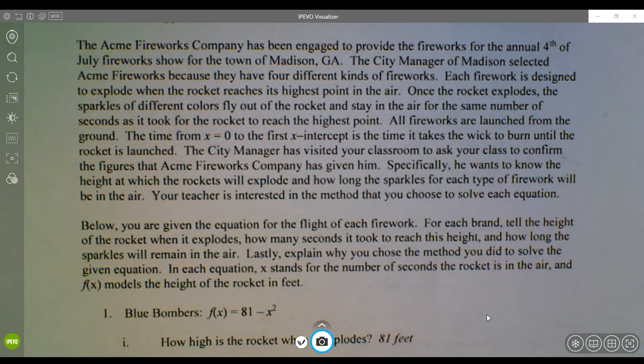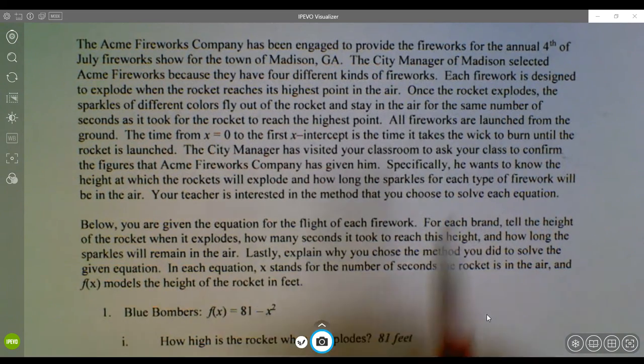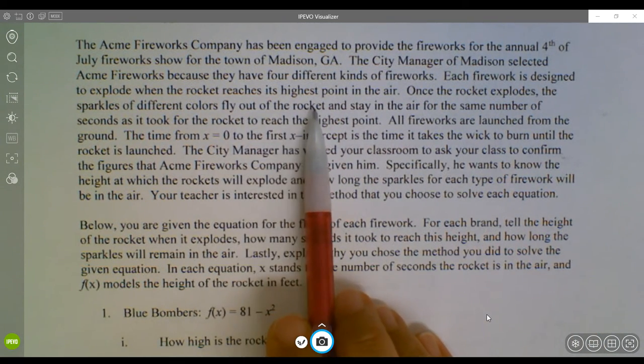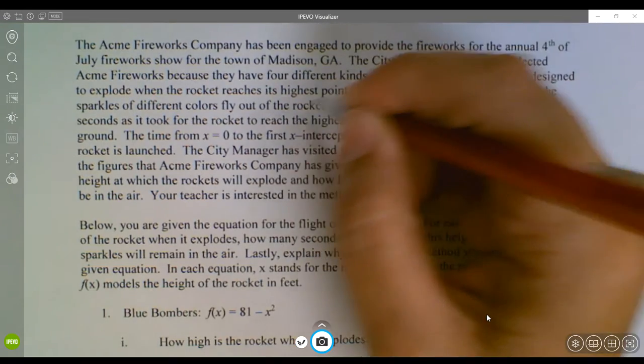So let's start with Acme Fireworks. The Acme Fireworks Company has been engaged to provide the fireworks for the annual 4th of July show. The city manager selected Acme because they have 4 different kinds of fireworks. Each firework explodes when it reaches its highest point in the air.